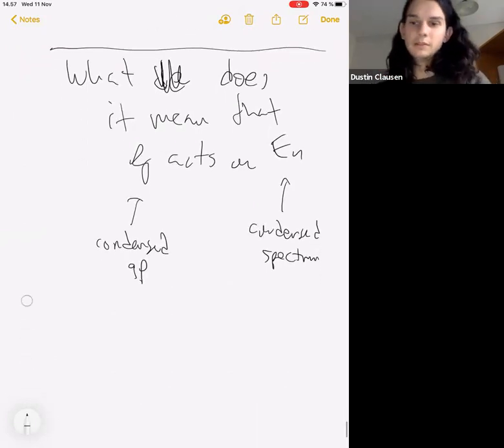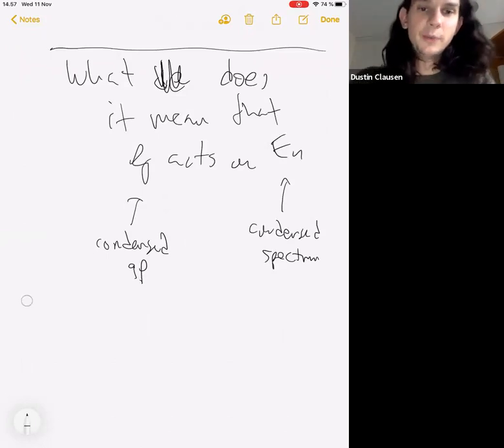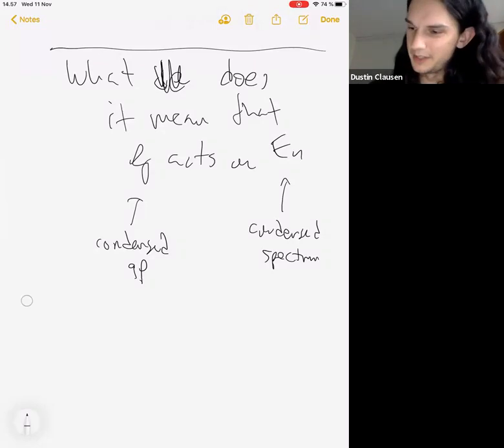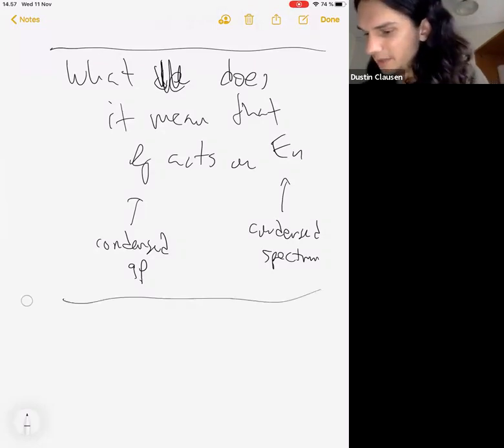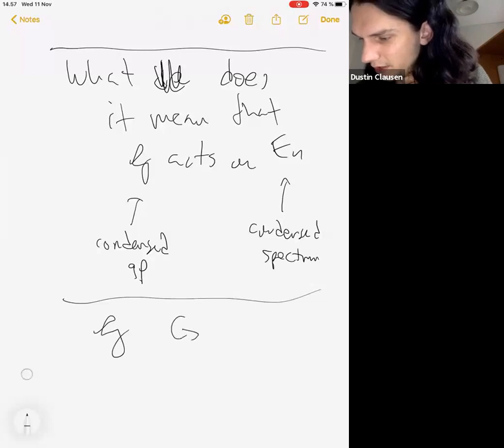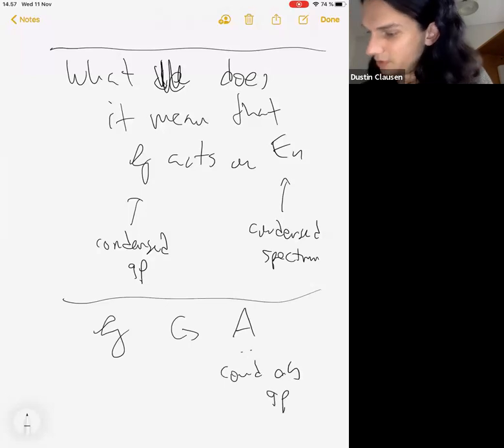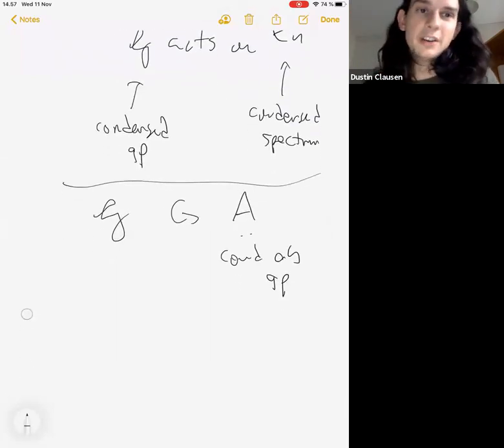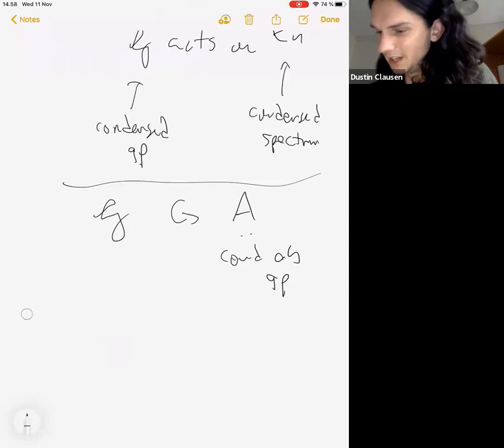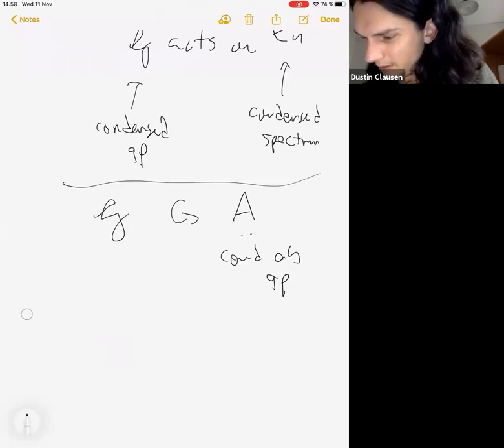So I'm asking the question, what does it mean for a condensed group to act on a condensed spectrum? It may not entirely be obvious what the answer is. But if we ask the analogous question for G acting on just a condensed abelian group, or a condensed ring or something like that, then we kind of know just how to write down by hand what it means. You give an action map of condensed sets.